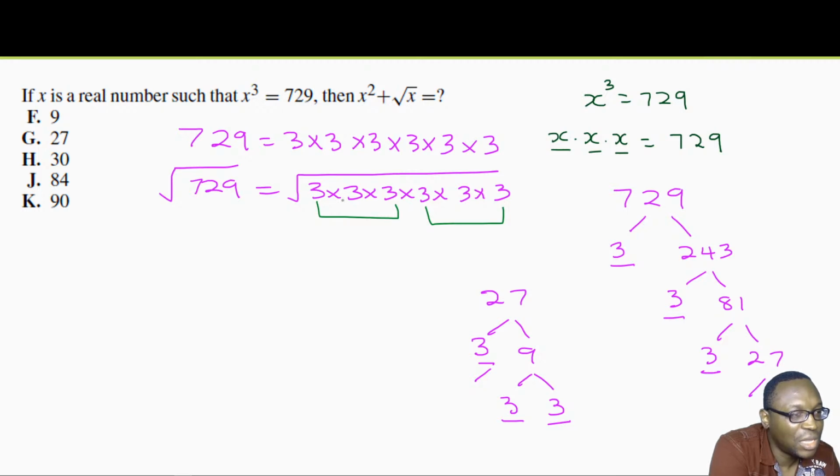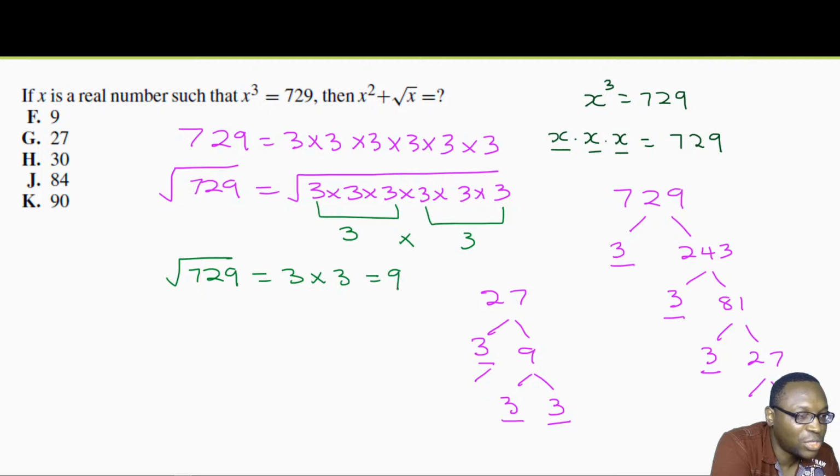So we have a group of 3 here, 3 3's. So we're going to get one number out of it to represent that group. And then over here, we're going to get one number out to represent the group, and we can multiply. So the cube root of 729 is going to be 3 multiplied by 3, which is equal to 9.